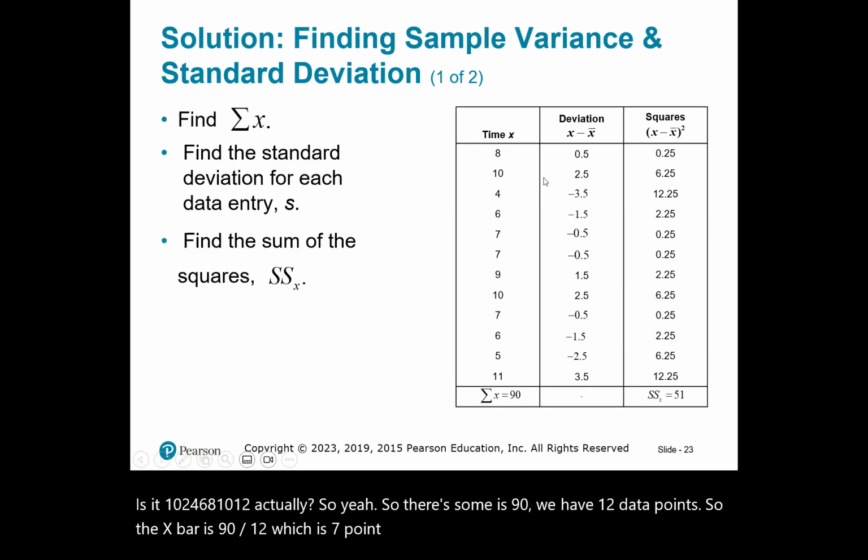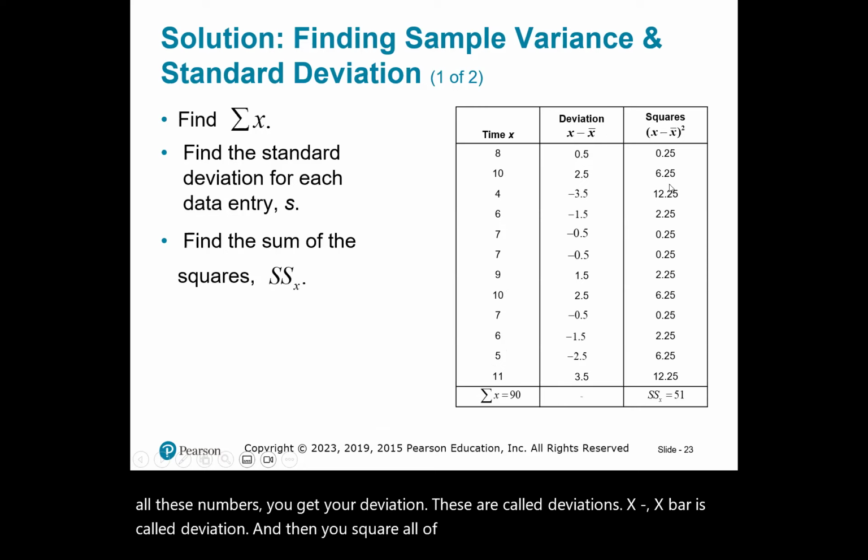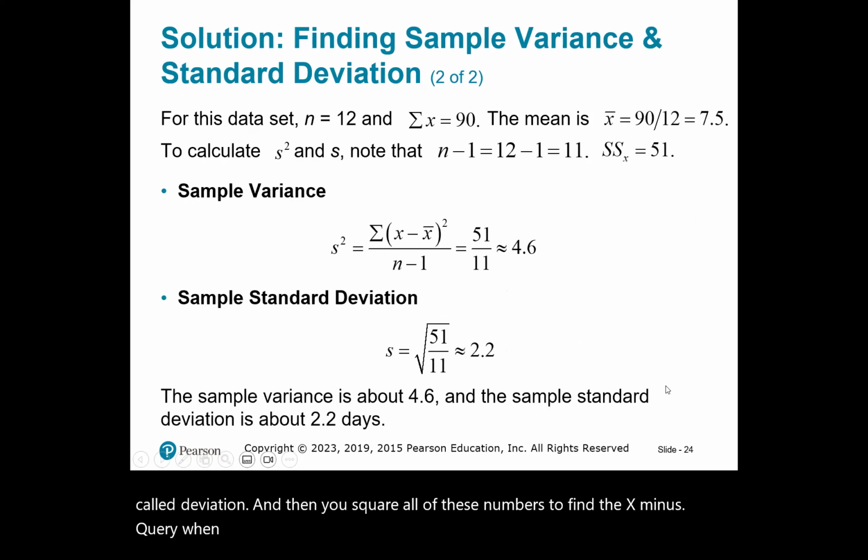And on the previous page, if you subtract 7.5 from all these numbers, you get your deviations. x minus x bar is called deviation. And then you square all of these numbers to find x minus x bar squared. And when you add them up, your sum is 51. And then 51 is not going to be divided by 12.